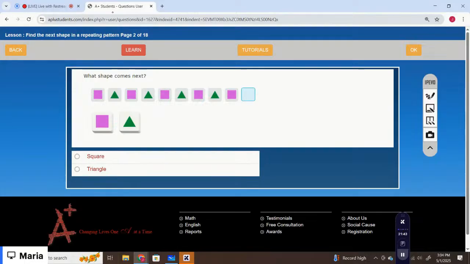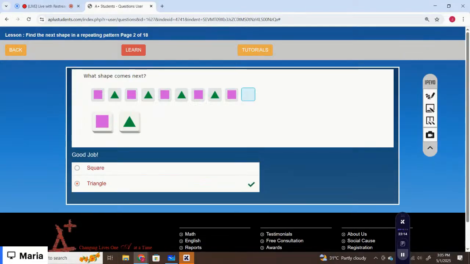What shape comes next? The next shape in the sequence is triangle. Option number 2 is the correct option. That is a triangle.